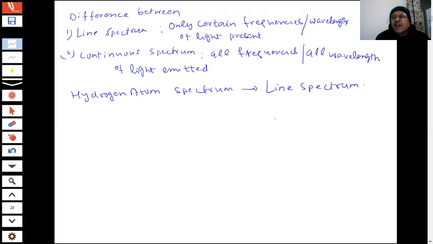That means only certain lines were observed, not the lines corresponding to all the colors. Only certain frequencies, certain wavelengths were obtained in the case of the hydrogen atom. This is what we are studying, the emission spectrum.